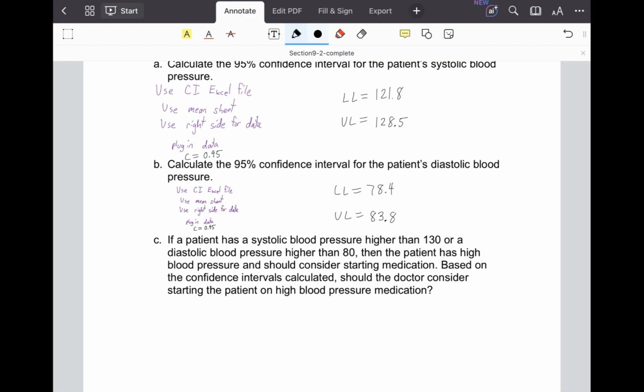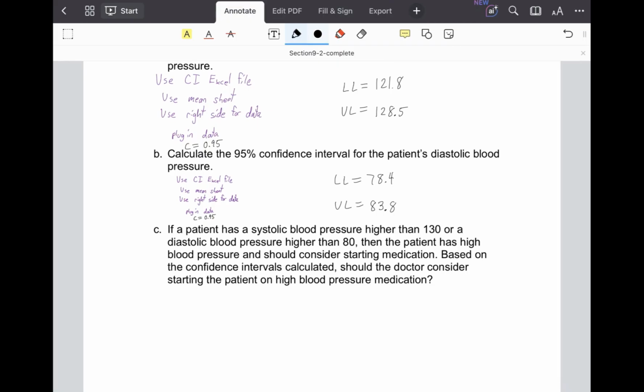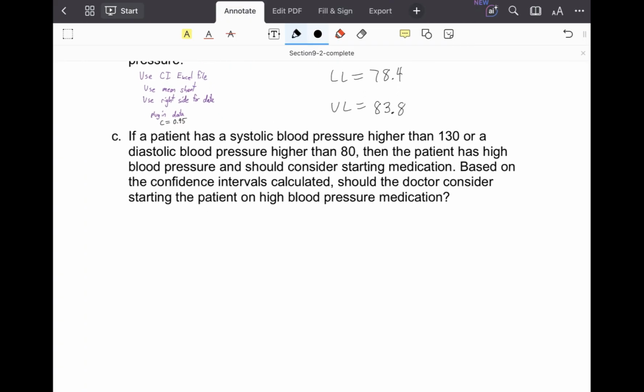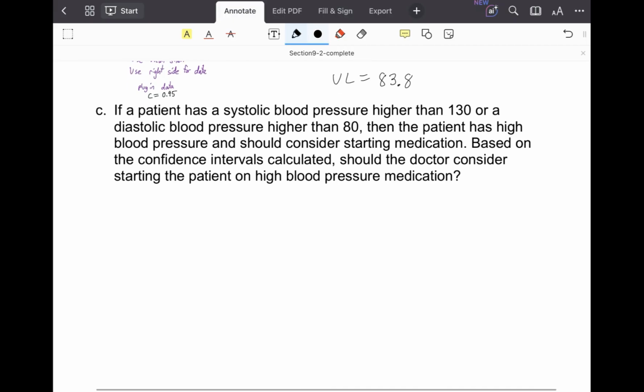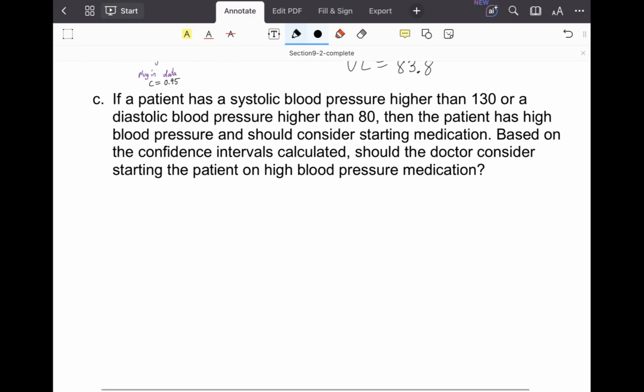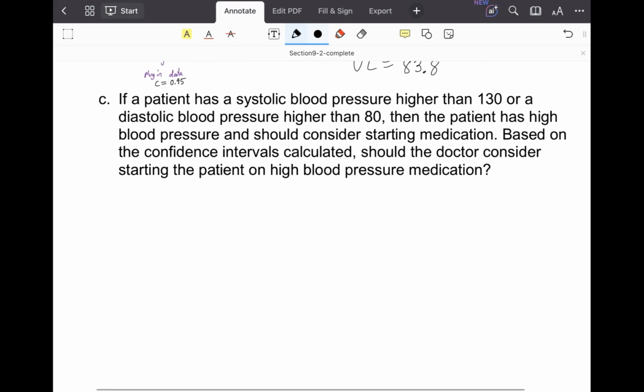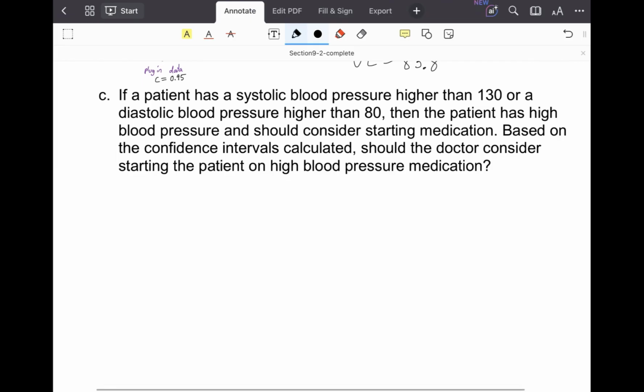So the answer to this question is it really depends on how much data you have. Two weeks of data, I don't think, is quite enough to make a decision to start medication. So you likely want to monitor it, or even just make slight changes in diet, and see if that brings it down a little bit.